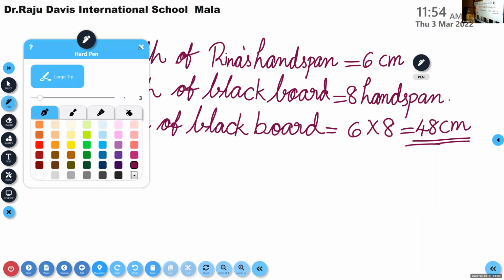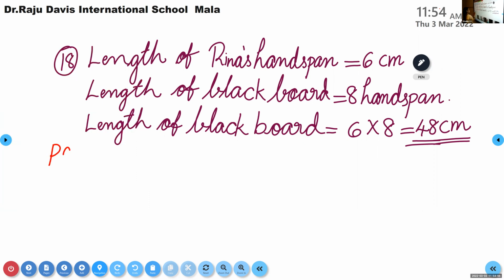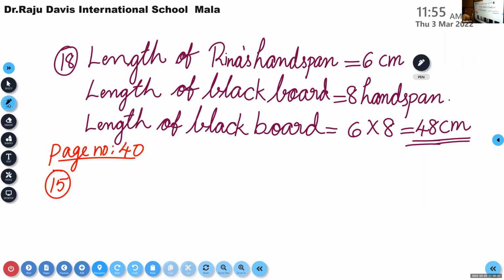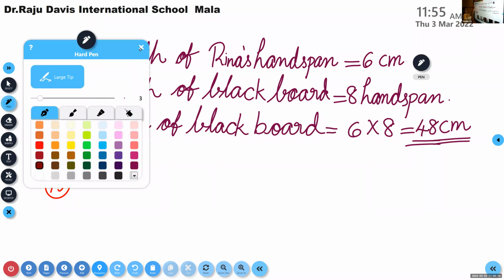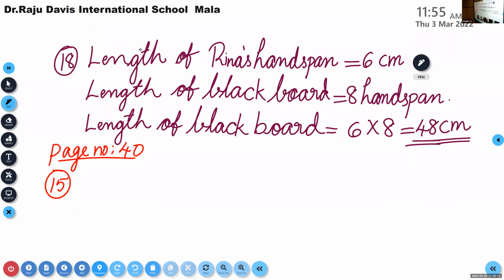Next, we are going to write page number 40, question number 15. Look at the board, it is there.